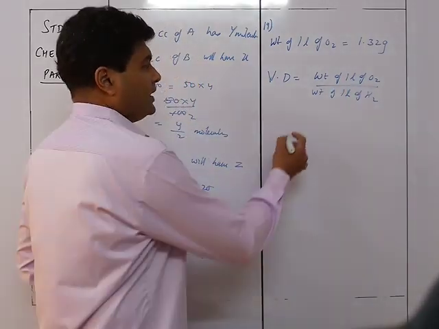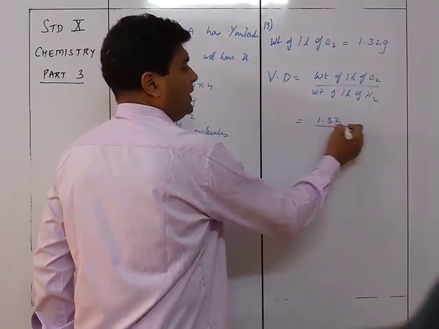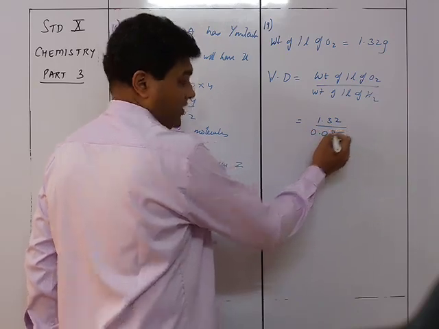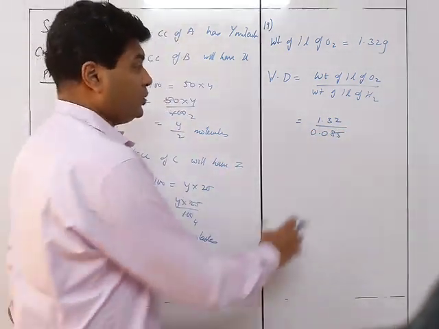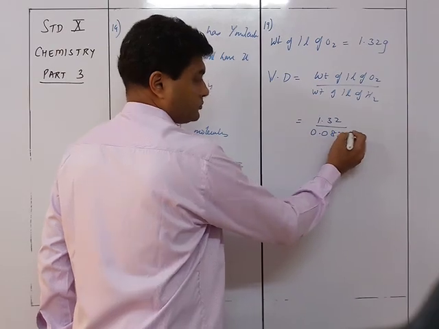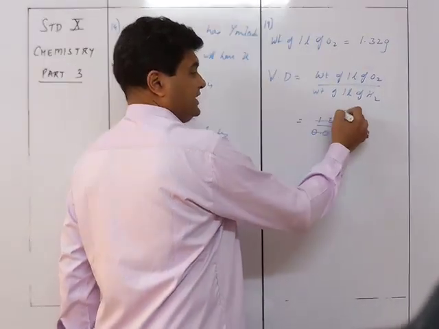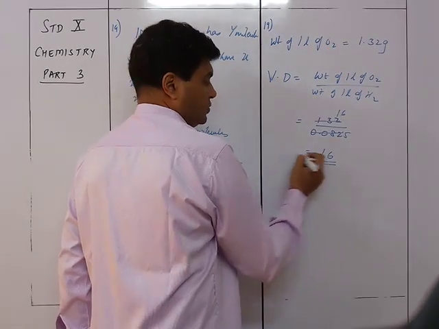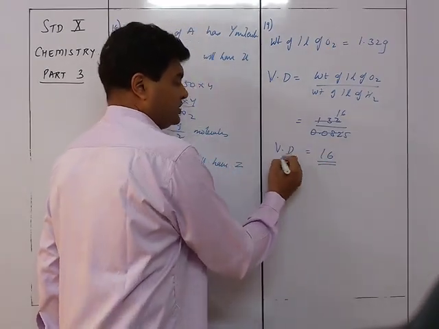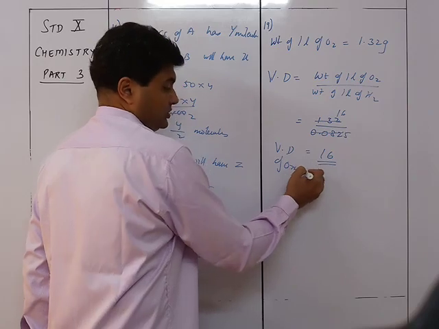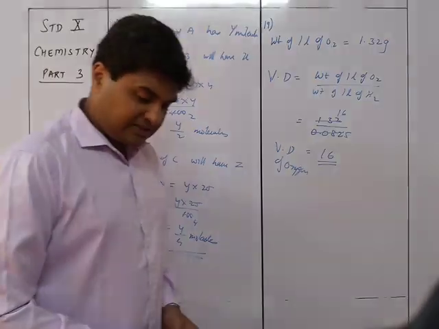So we are given over here that this is 1.32 and this is 0.0825. When you cancel this, you come to know that it is 16 times. So that's why it is 16. So the vapor density of oxygen is 16.